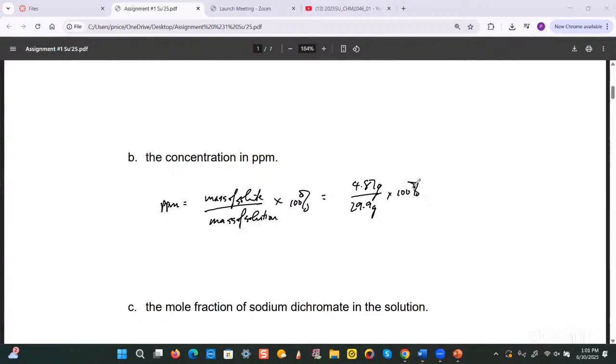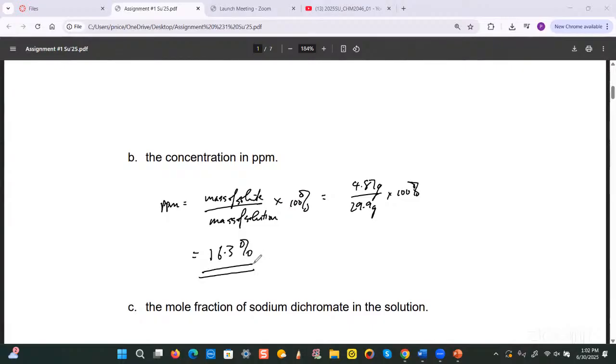Let's see what that gives. 4.87 divided by 29.9 times 100. Oh, and by the way, I tell all my students this: if I'm doing some calculation and I'm showing you, and if I go wrong in any way, please feel free to correct me, right? So this is what I got, 16.3%.